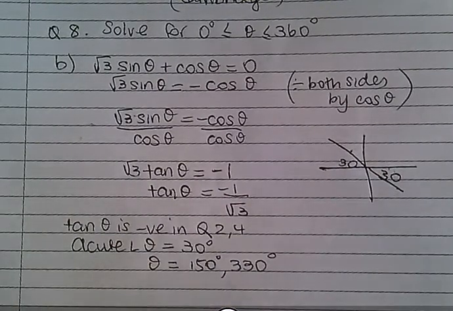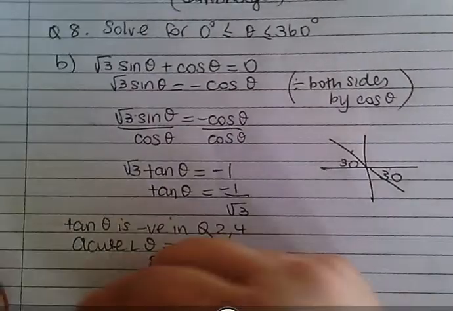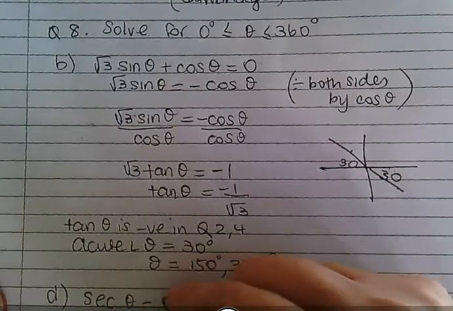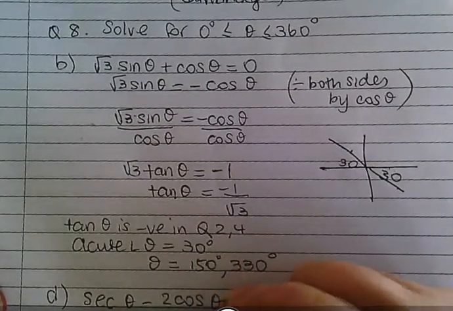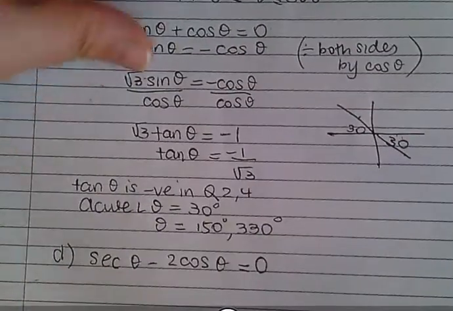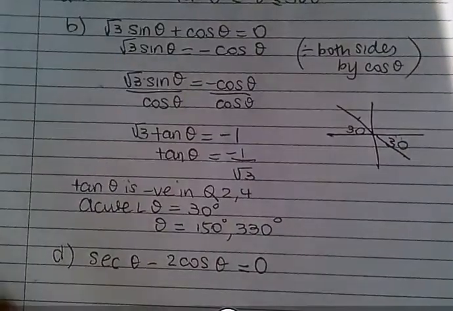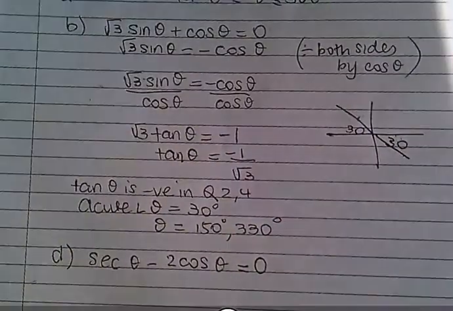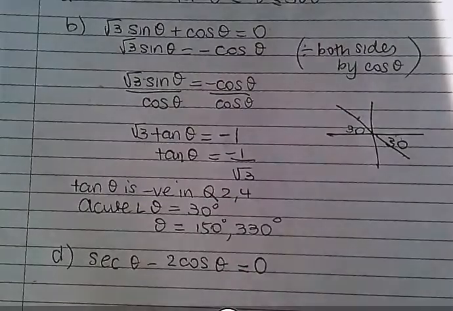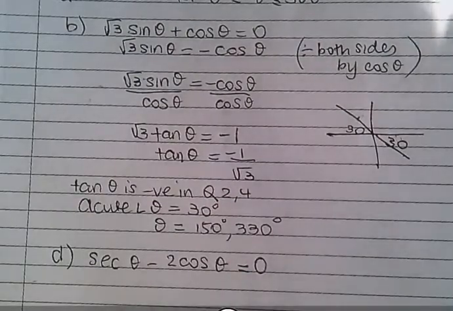Now we're going to do another one similar to that. Question D. Solve sec theta minus 2 cos theta equals 0. All right. What do you think we should do? But what is sec? 1 on cos.